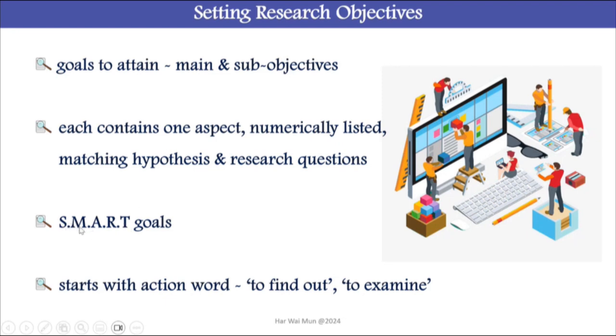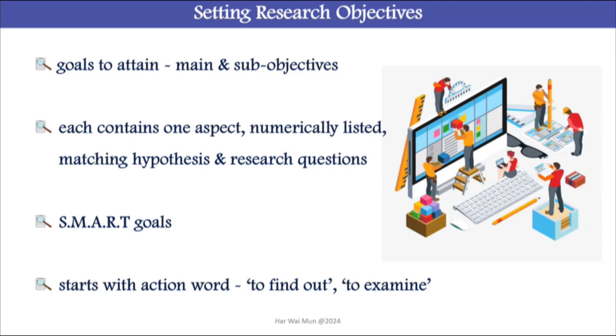All these things must be measurable. You need to be able to measure. Right? For example, you say, I would like to see how good this coffee is. Then what do you mean, how good is the coffee? So you have to have something more specific and measurable. So objective is what? It is a goal to attain, right? You have an issue. This issue creates a lot of questions, right?